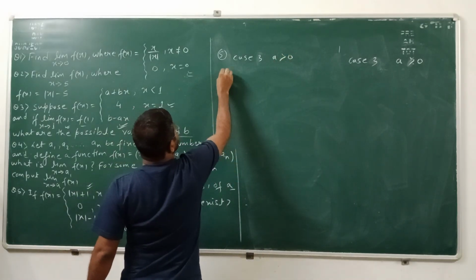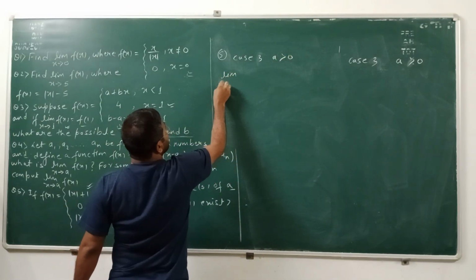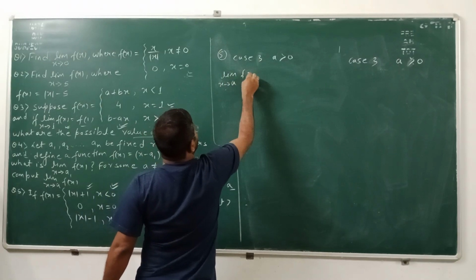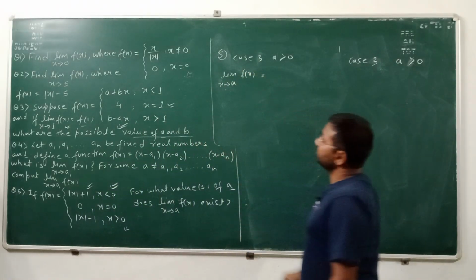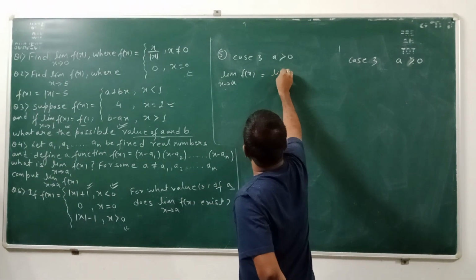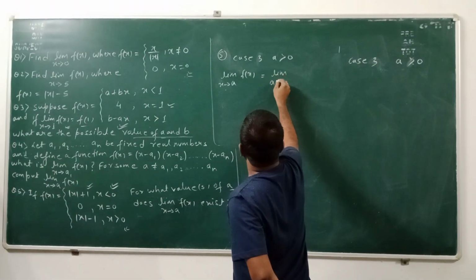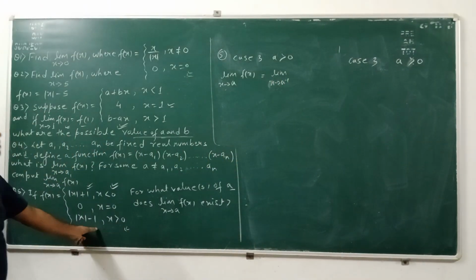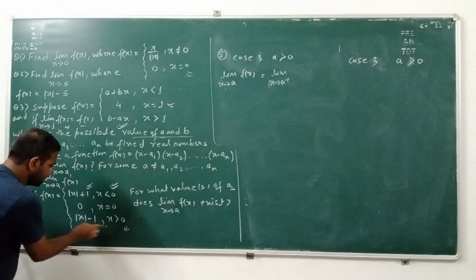So a is greater than 0 means limit x tends to a f(x). Now we will check for the negative and positive values. Now limit x tends to a negative. So when a is greater than 0, this function we will consider.